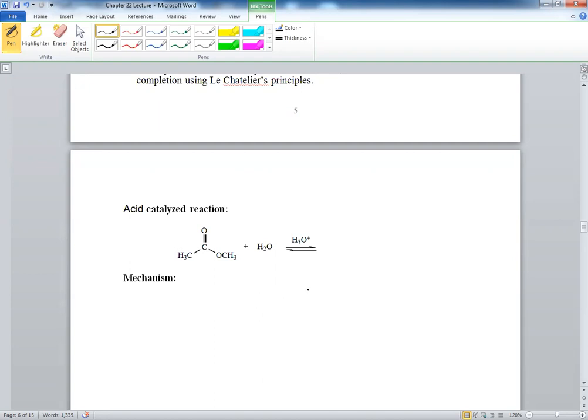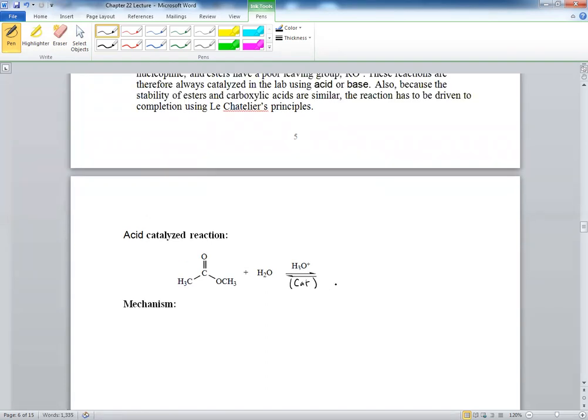So if we have an ester and we react this with water, and notice how we have acidic conditions, so that's a catalyst, we are able to generate a carboxylic acid plus an alcohol.